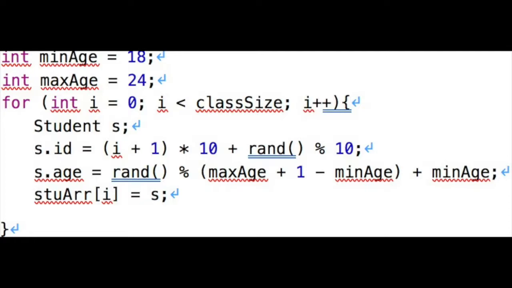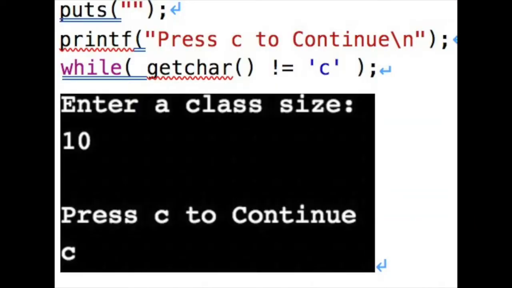This part sets the minimum age and the maximum age of all the students and uses random numbers to create their student ID and age. I repeat this code several times to better control the project progress. It reads the user's input and continues if the user presses C.